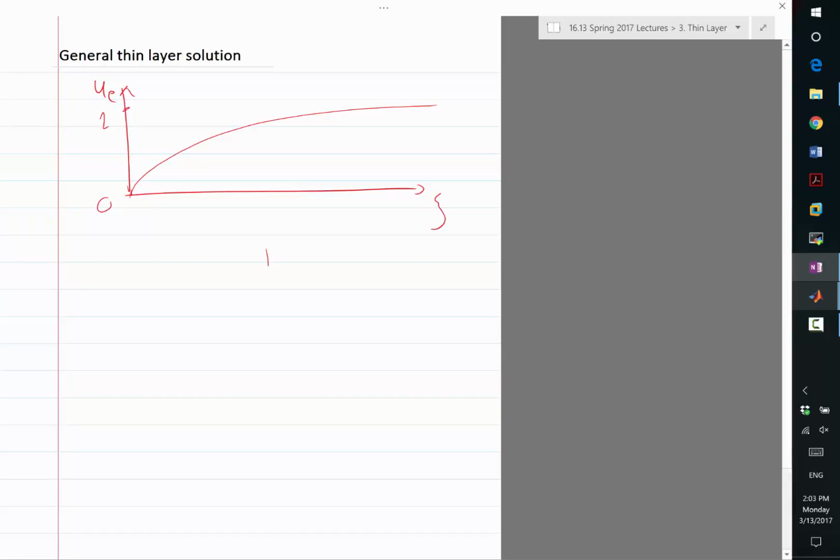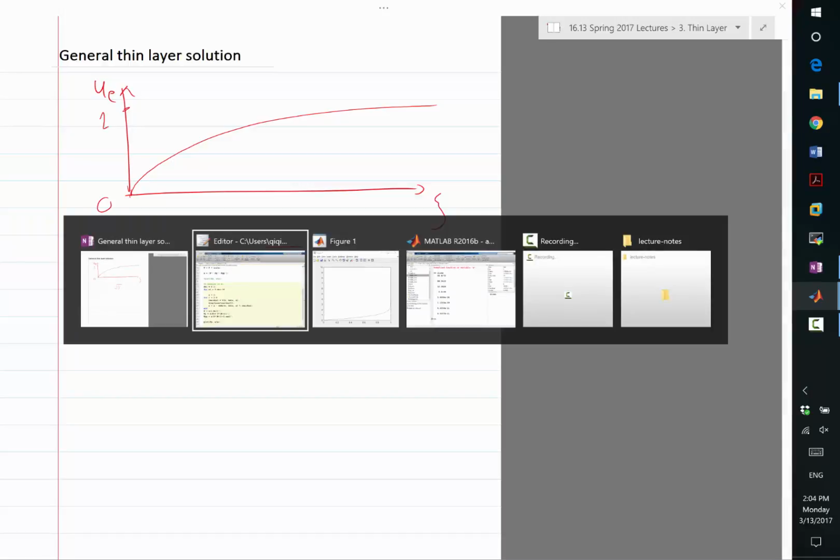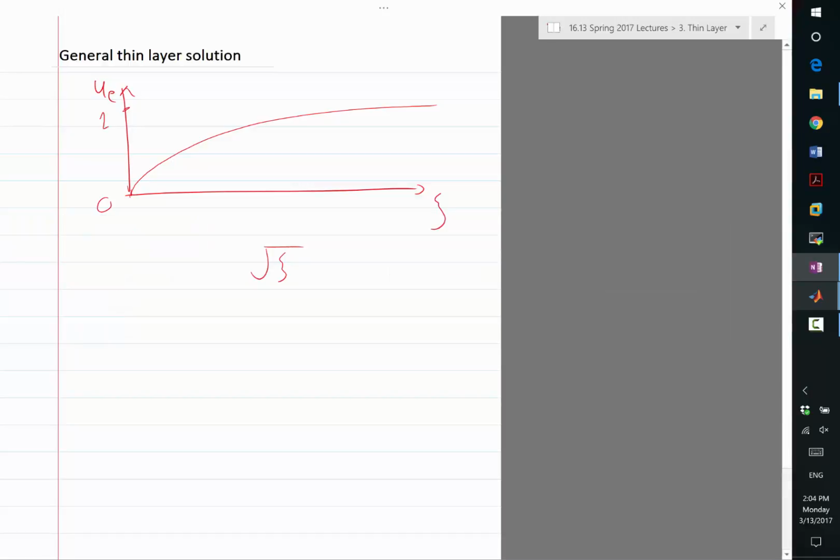Square root of zeta. Okay, let's try that. Wait, is that actually going to give me a Faulkner-Skan solution? It's a power law, right? Let's choose something else. Exponential? Good idea.